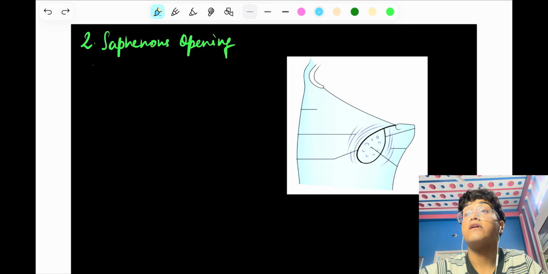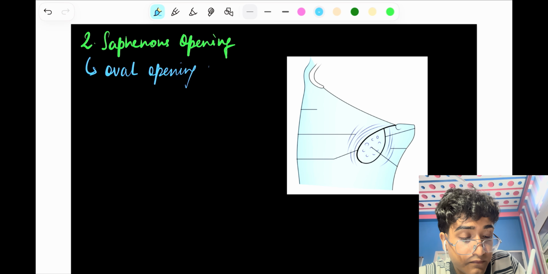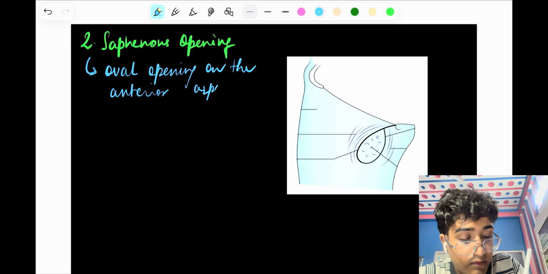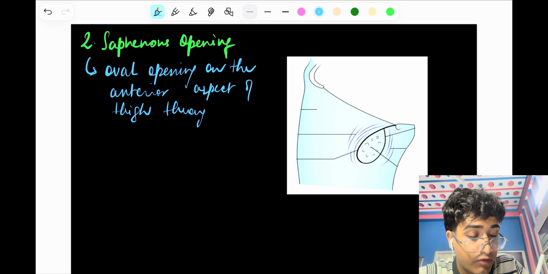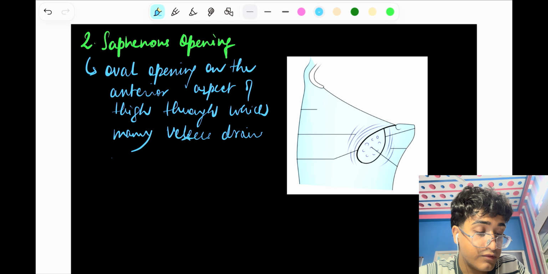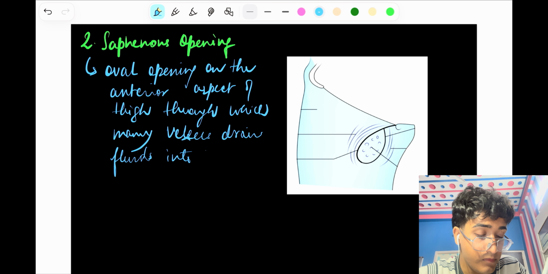The saphenous opening is an oval opening on the anterior aspect of the thigh, through which many vessels drain fluid into the deeper vessels.